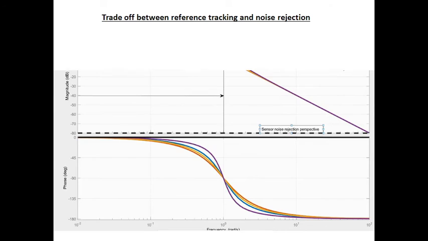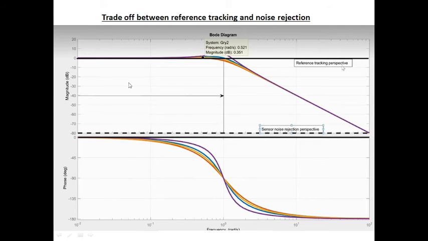So physics suggests that the frequencies of noise are usually high due to the physics of working between atoms and molecules and the working of a sensor. So this is what we require. We want the reference to have 0 dB magnitude, but we want the noise to have very small magnitudes.